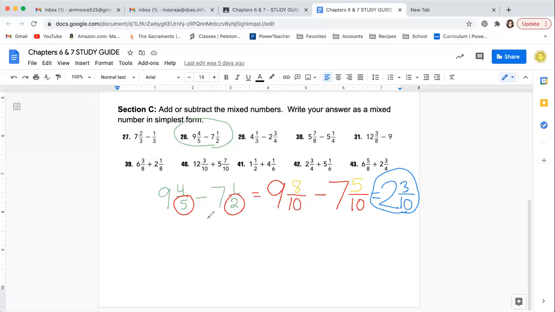Now, don't erase yet. I want to show you how some people like to do this technique first, and they do 45 plus 4, that's 49 fifths, minus 15 halves.